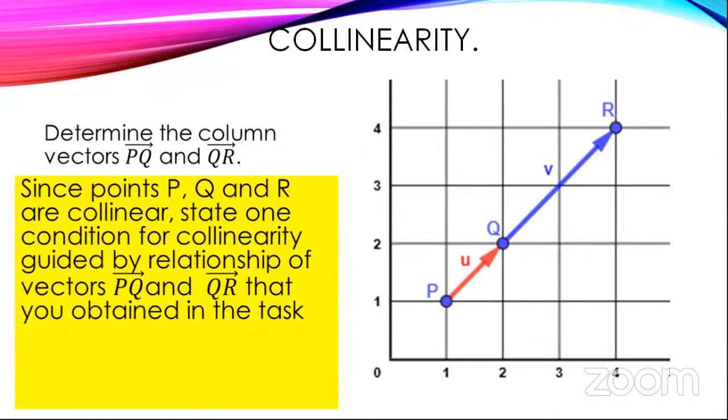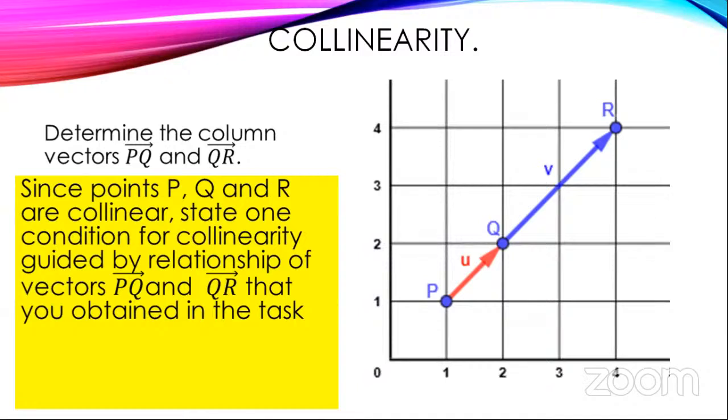Now, since P, Q and R are collinear, state the condition. We're going to test the conditions to see whether or not they are collinear. So state one condition for collinearity guided by the relationship of vector PQ and vector QR based on what we just discussed. One, they must have a common point.